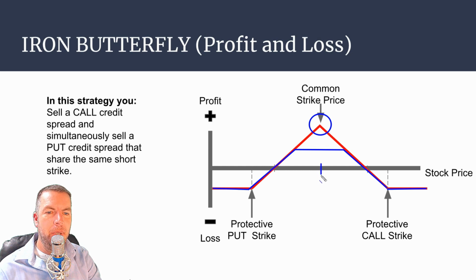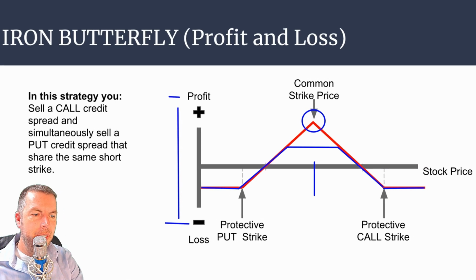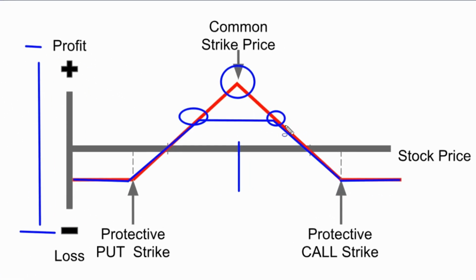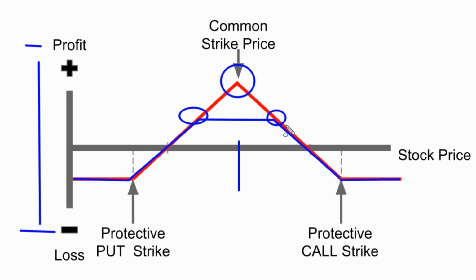You can see here's the at the money strike right here, and you can see on the profit and loss diagram right over here on this left side, that as we sold that at the money call and put, we were able to receive a little bit more credit for selling right at the money. Now looking at the iron condor down here in this range, these were sold out of the money, so you weren't able to receive as much credit for selling those out of the money calls and puts.